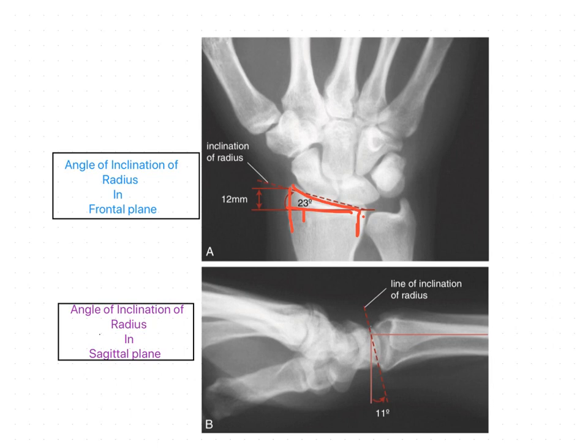If you see in the sagittal plane, that is volarly, the distal radius is also tilted 11 degrees. Here you can see the posterior radius is slightly longer than the anterior radius.